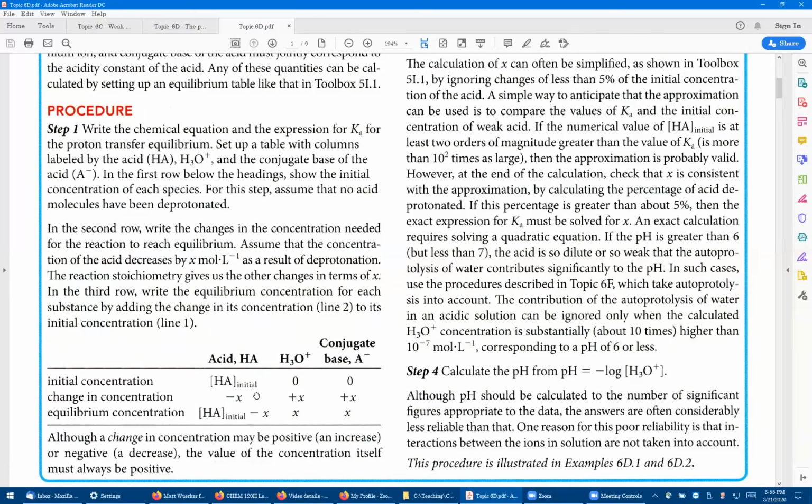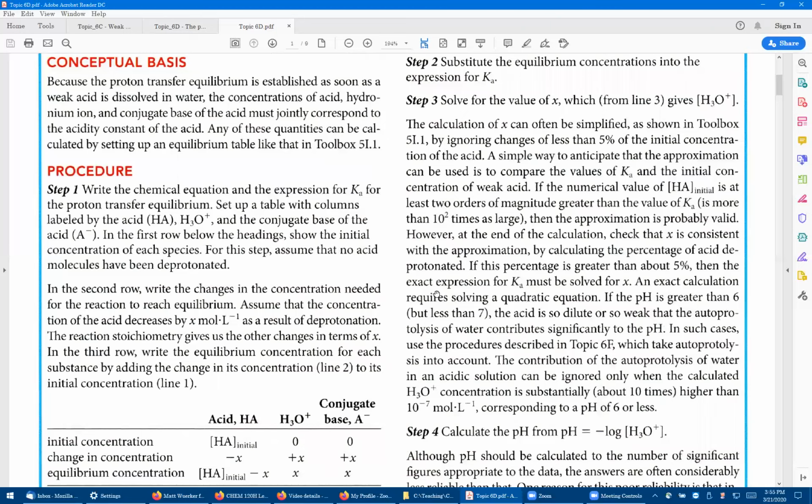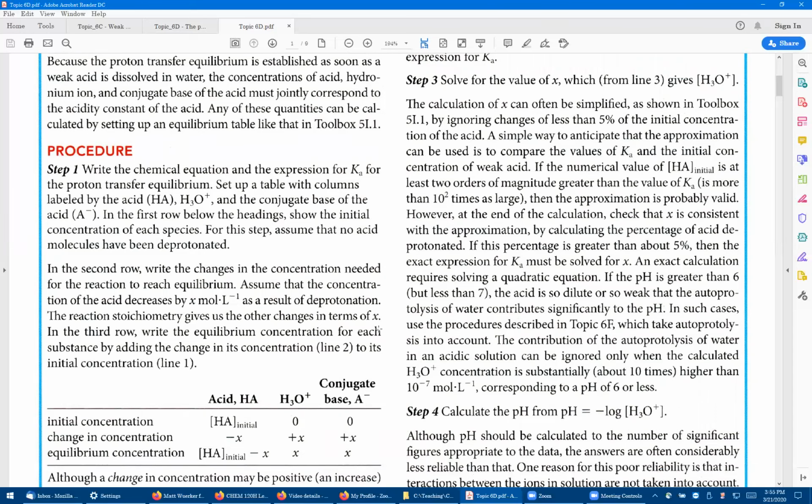So in approaching equilibrium, we can pick the easiest way to do this. The change in concentration of the original HA, we'll say, is minus X, and the change in concentration of the hydronium ion and the conjugate base are just plus X each. So then at equilibrium, the concentration of the acid is the initial concentration minus X, and the concentrations of the hydronium ion and conjugate base are both X. When this kind of table is set up, what you'll wind up with is the equilibrium constant equal to the appropriate concentrations.